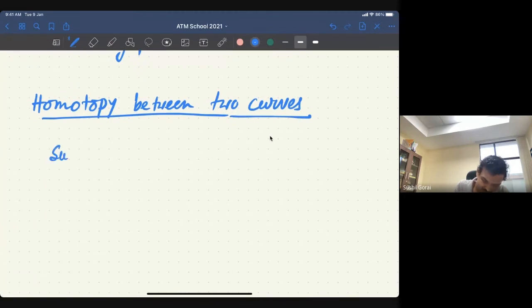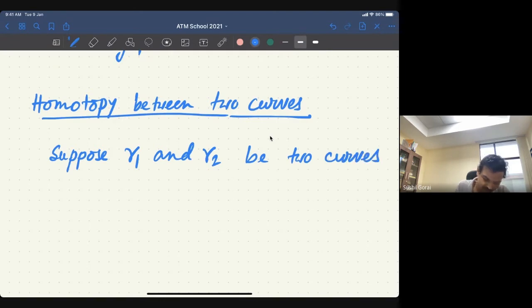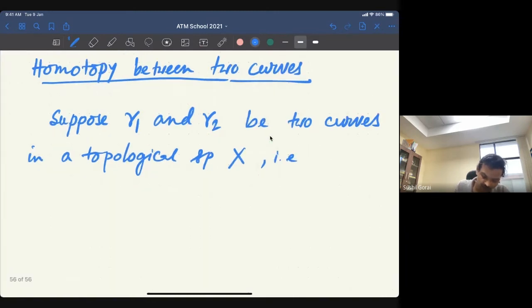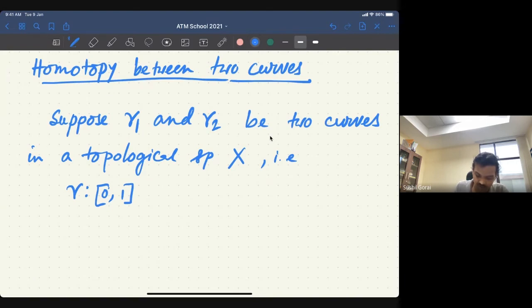Suppose gamma 1 and gamma 2 be two curves in a topological space X. That is, gamma 1 is a continuous map from, we'll now look at the parameter region as 0, 1 instead of a, b, to actually combine the notion using the standard notion in algebraic topology.